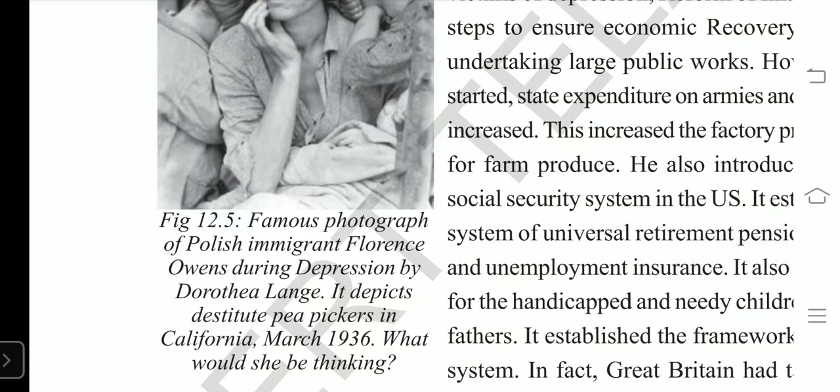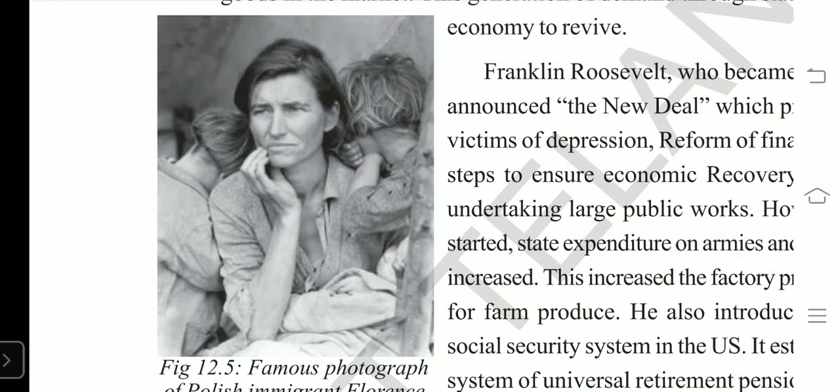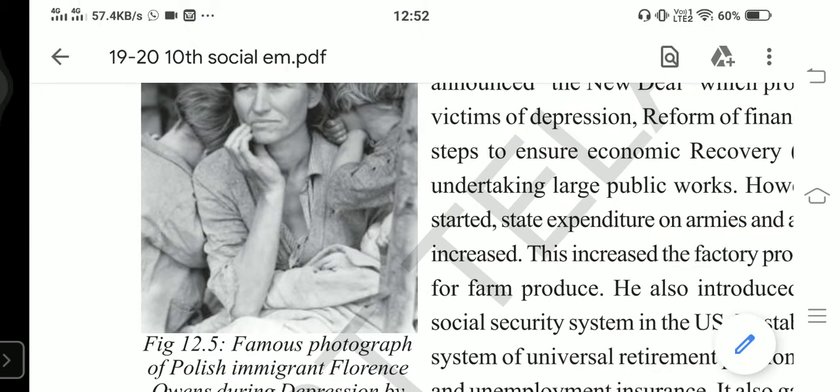Her name was Florence Owens. Look at her face, very upset. Her children are not able to face the front because they were fearing how to lead their life. So this is the position during the economic depression.